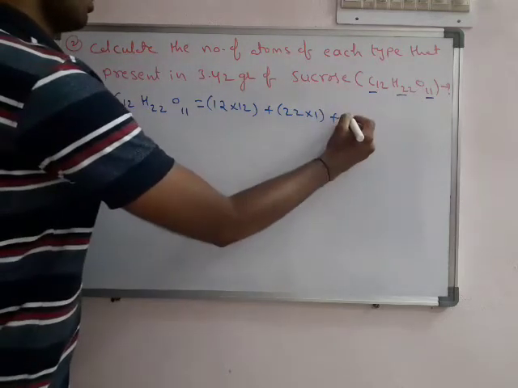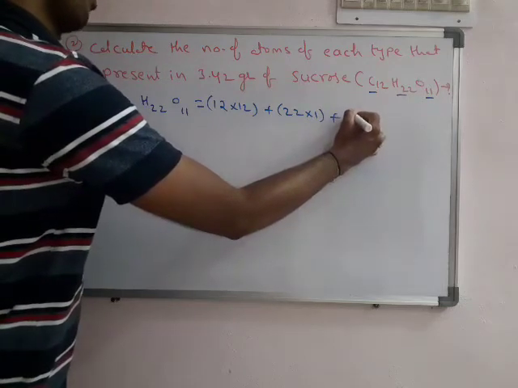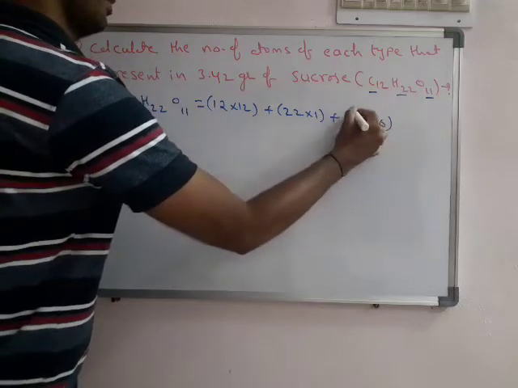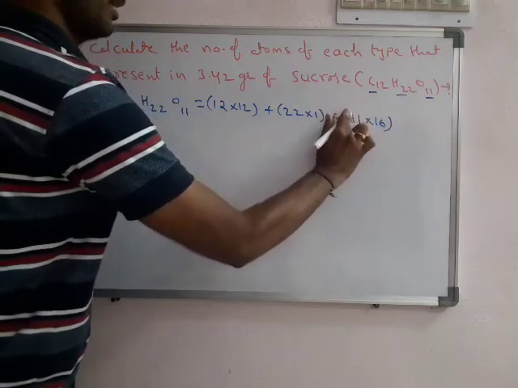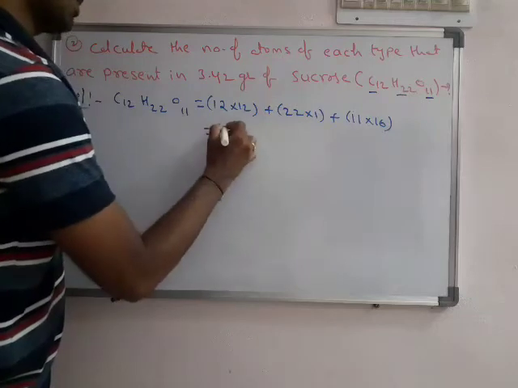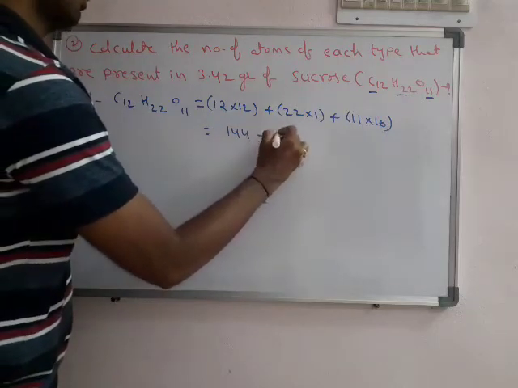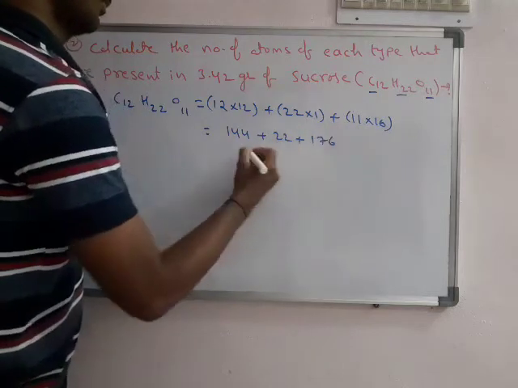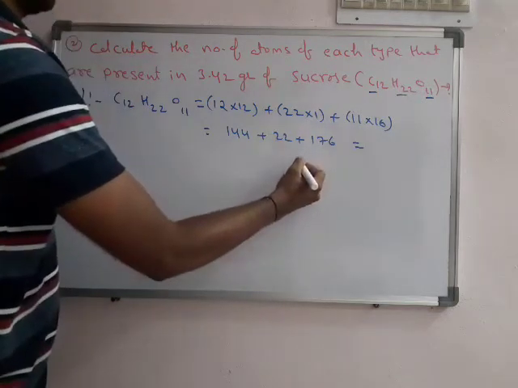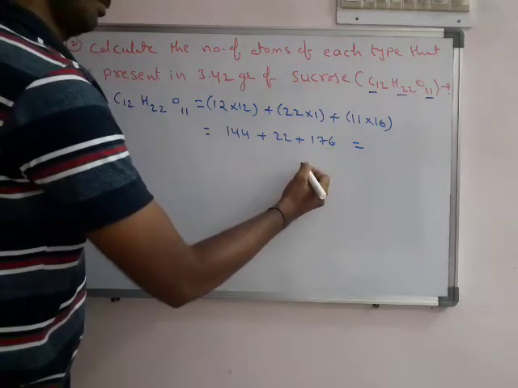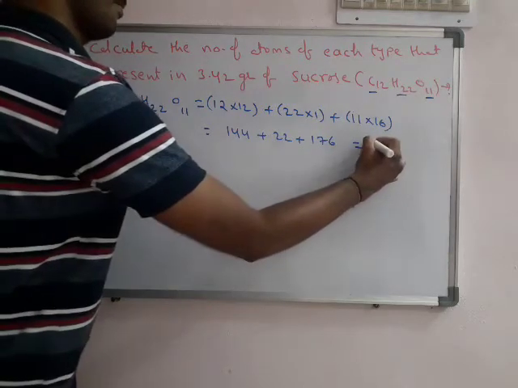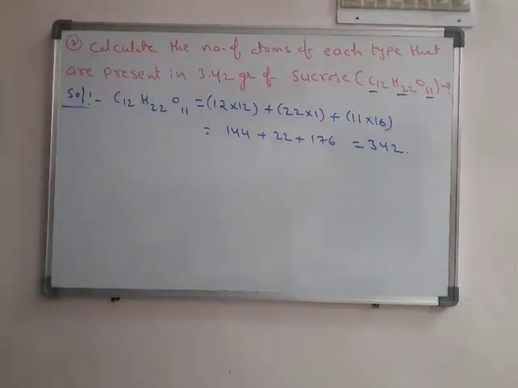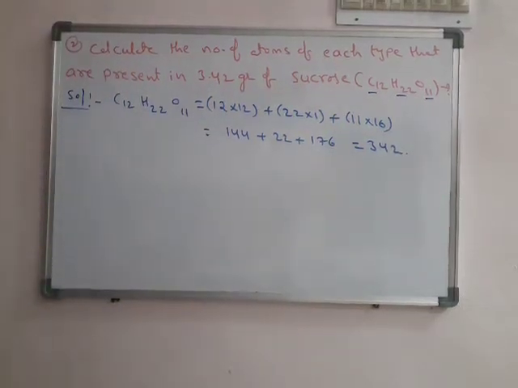Each oxygen has 16, so 11 oxygens, each carries 16. How much will you get? So we need to remember this also. This is approximately 144 plus 22 plus 176, so 342. So the molecular weight of sucrose is 342.